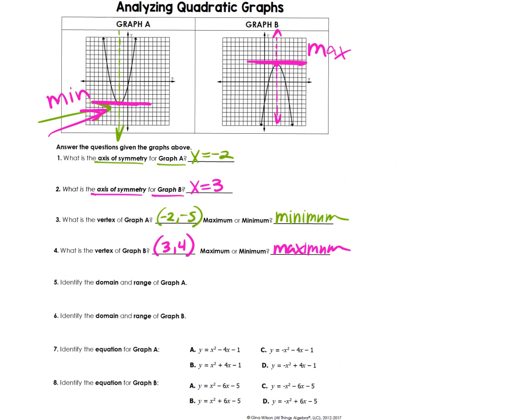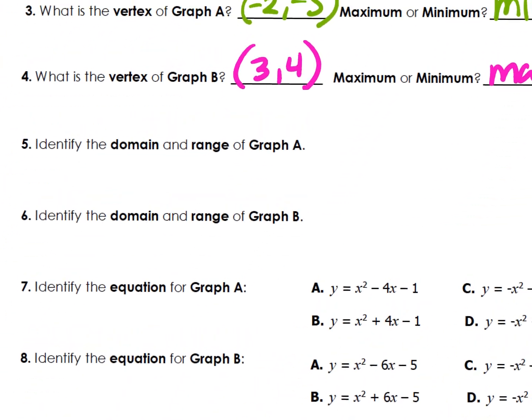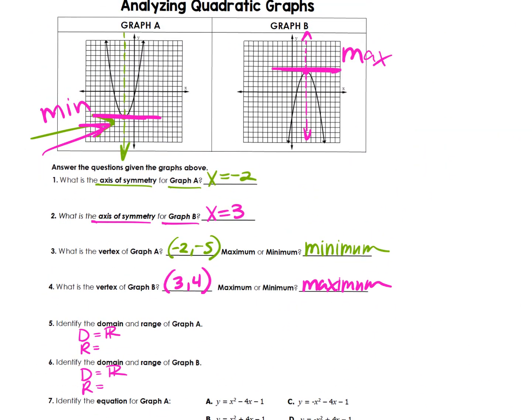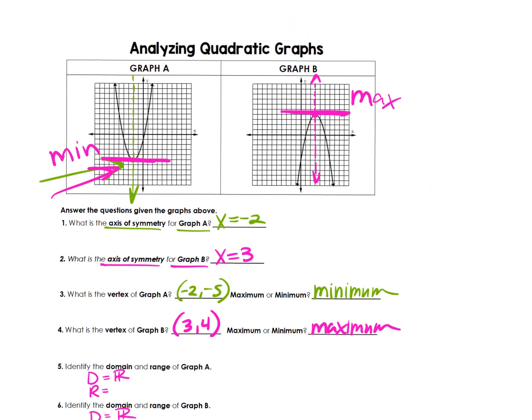Okay, then domain and range. The domain for the first one is going to be what? Do you even have to look at the graph? All real numbers. It's always all real numbers. The domain for graph B is what? All real numbers. The range for graph A: y is greater than or equal to, or less than or equal to some number?